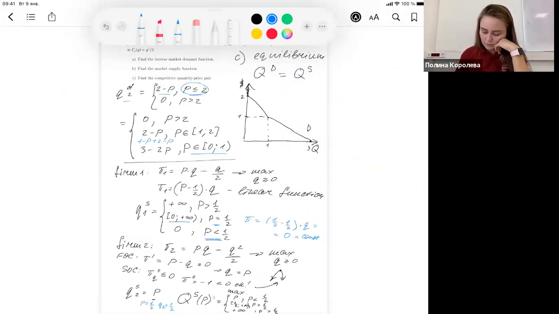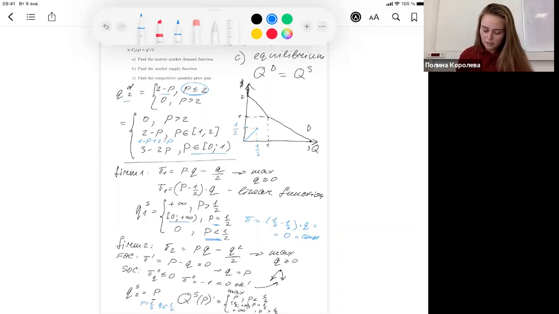Market supply is equal to P if price is less than 1/2. So we should put the price 1/2. P is a linear function with positive slope, and it starts from 0, 0. If price is equal to 1/2, quantity is equal to 1/2.